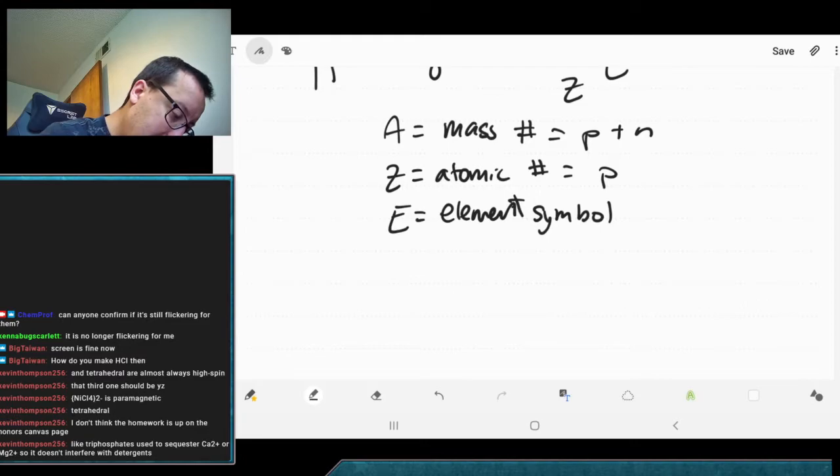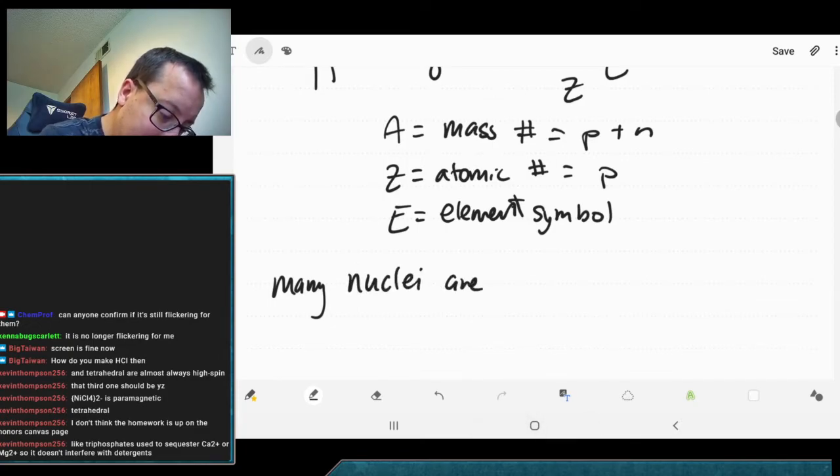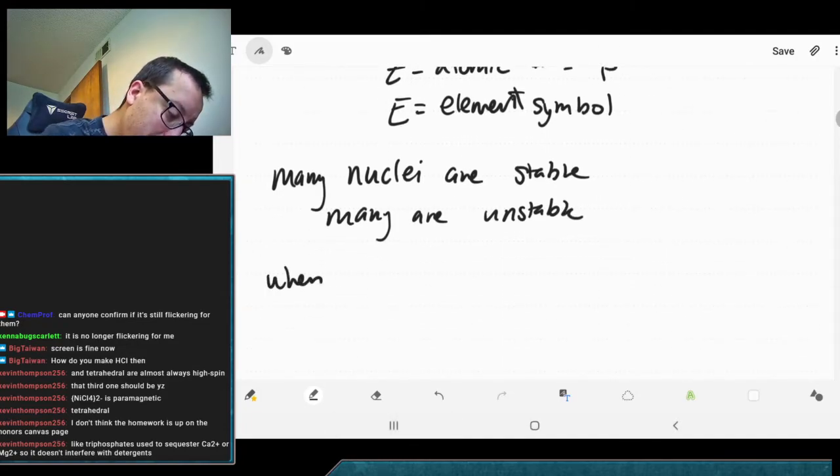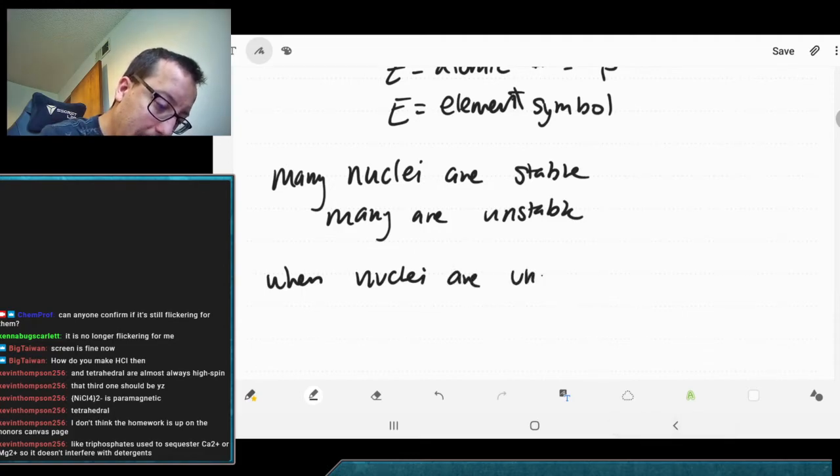We're going to see that many nuclei are stable and many are unstable. And we're going to see that when nuclei are unstable, they will break down.